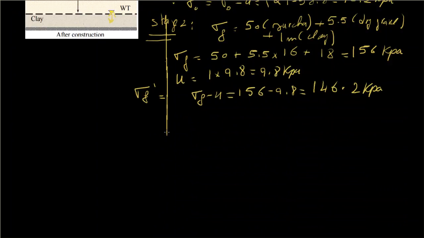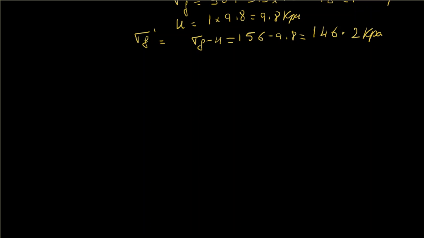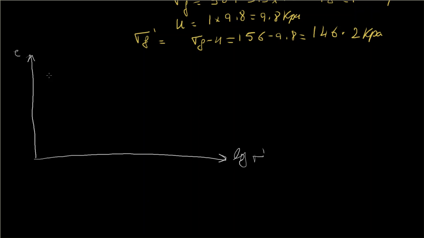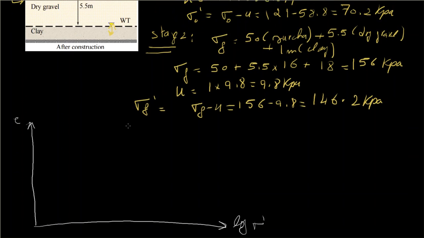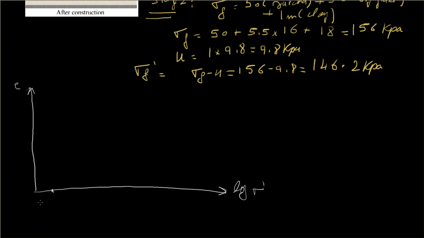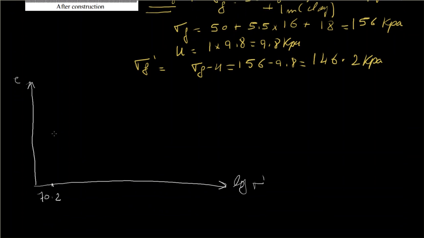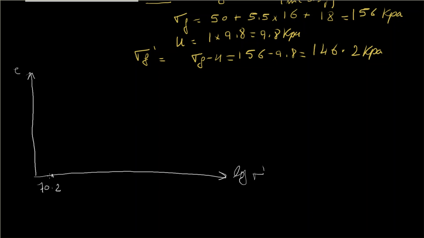Okay, so we are expecting, if I draw a diagram, initially our stress was at 70.2, and we had an initial void ratio.